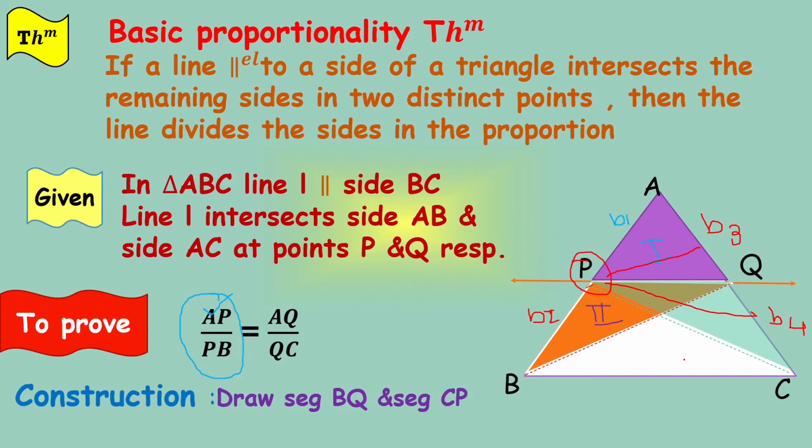Therefore in this condition we say that these two triangles have equal height, and we know that if two triangles have equal height, then ratio of area of these two triangles is equal to ratio of their corresponding bases. Therefore area of 1 upon area of 3 is equal to B3 upon B4. Then we find out this ratio. We write the proof.